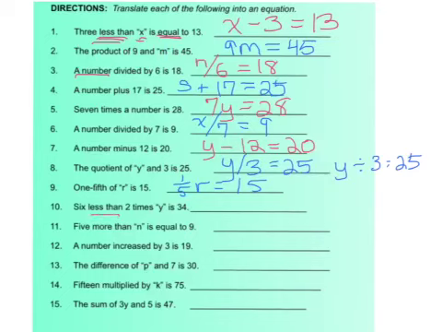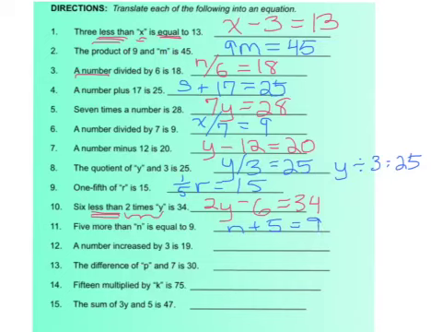6 less than, here we have our turnaround words again. 6 less than 2 times y. So it means that this whole piece comes first. So 2 times y means 2y. Then we're going to subtract the 6, and that is equal to 34. 5 more than n. 5 more than, so n plus 5 is equal to 9.